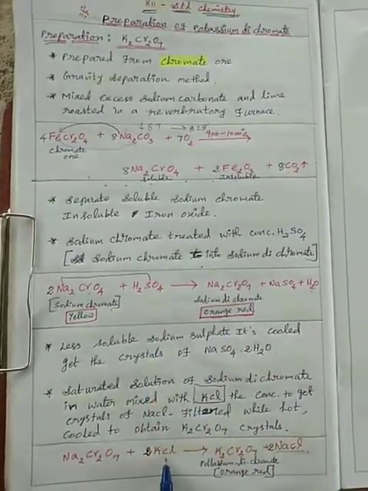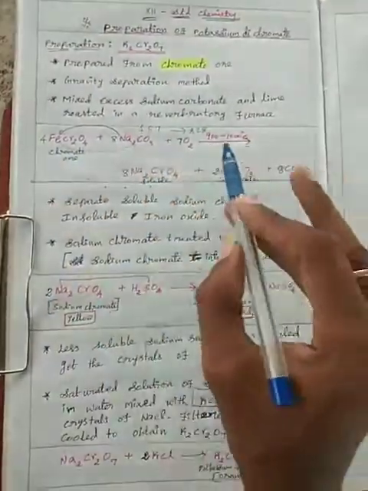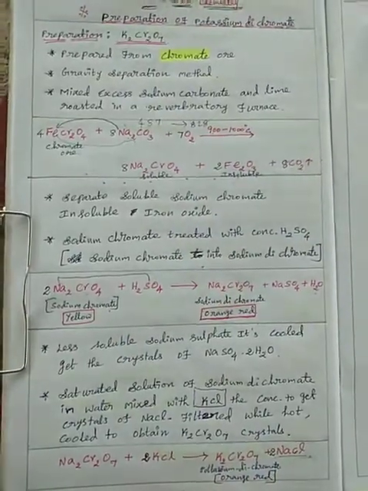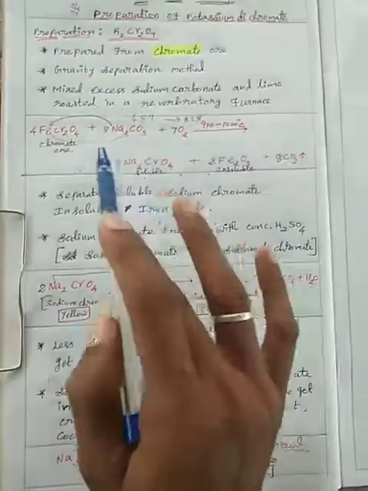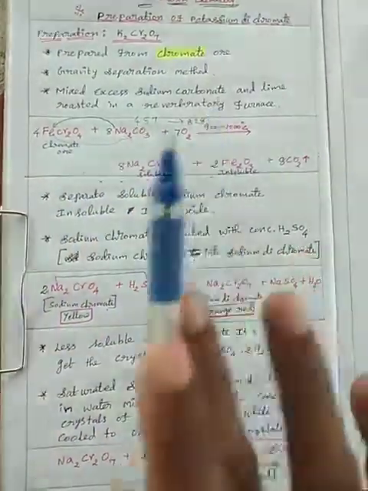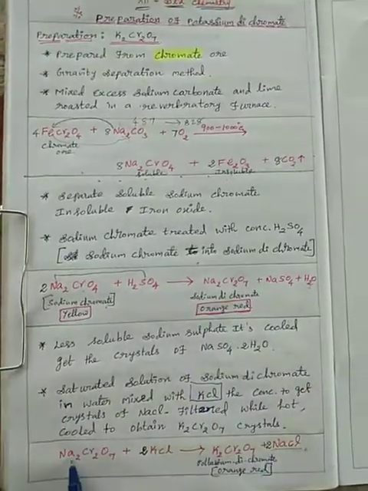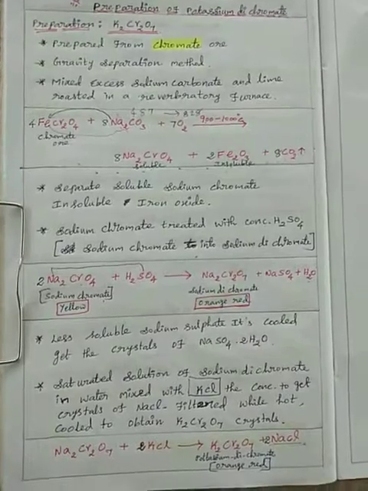The second and third equations are very easy, easy to memorize. The first equation is slightly more in-depth. Memory trick: 487 and 828. Chromite to sodium chromate, sodium chromate to sodium dichromate, sodium dichromate converted to potassium dichromate. Thank you all.